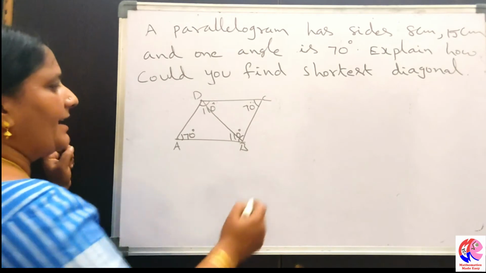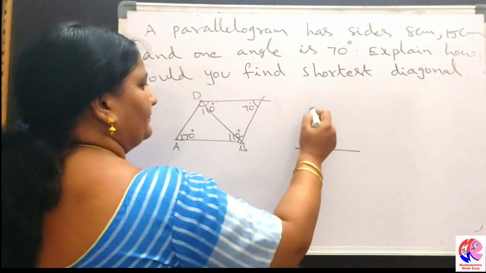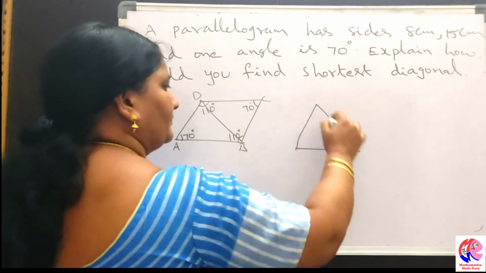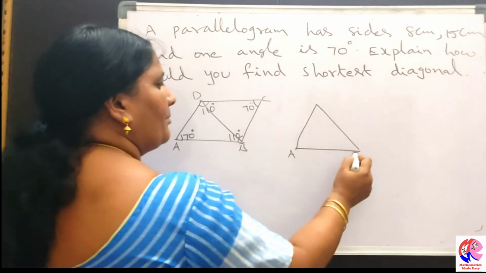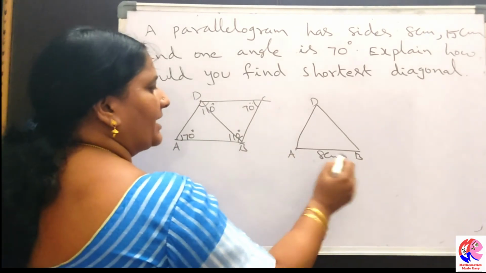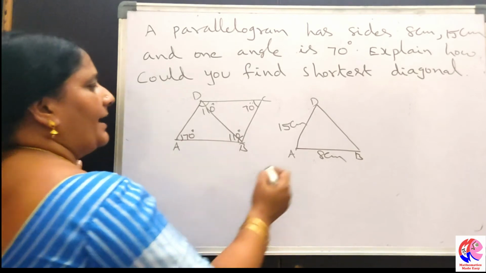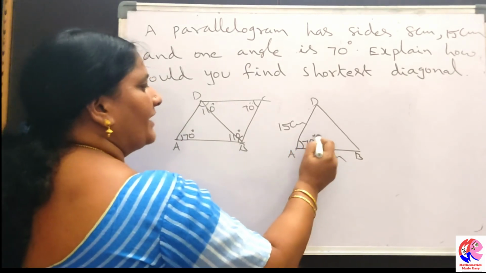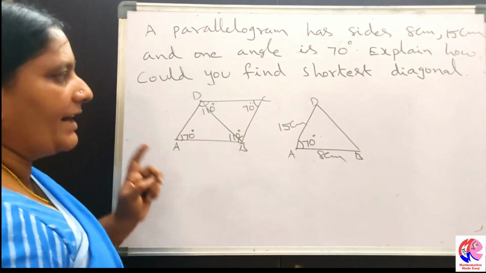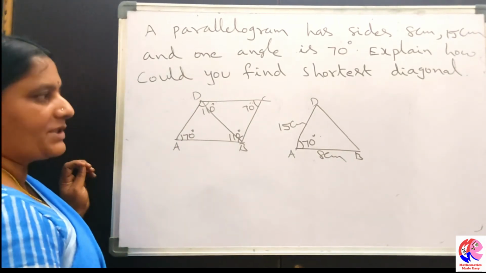In this triangle ABD, the measure of AB is 8 centimeter and AD is 15 centimeter and angle A measure is equal to 70 degrees. Now we have to find the diagonal BD of the quadrilateral again by using the cosine rule.